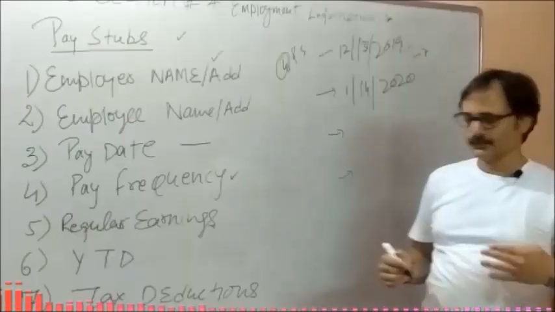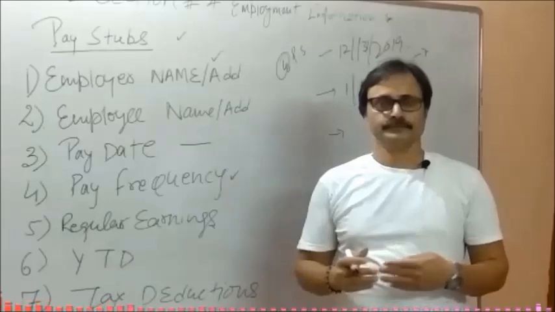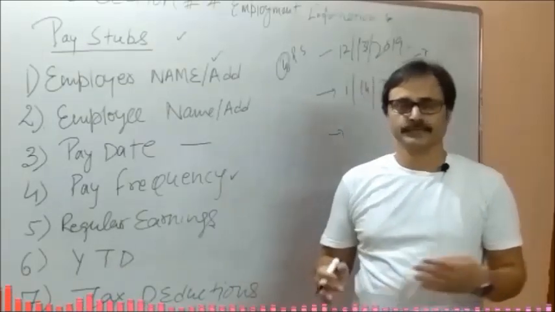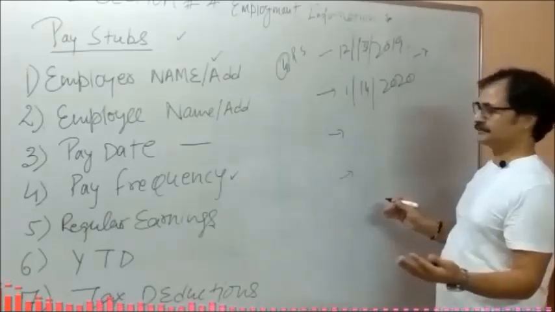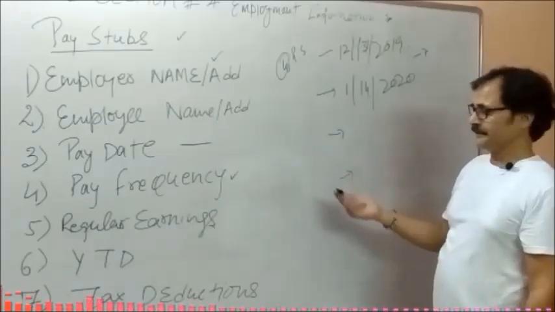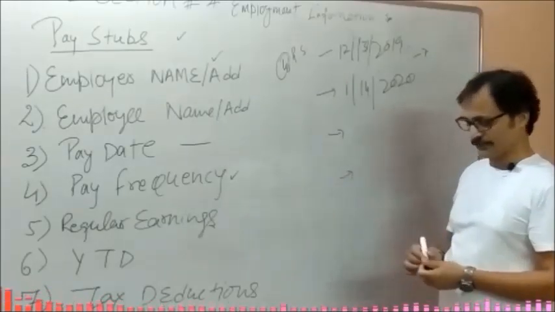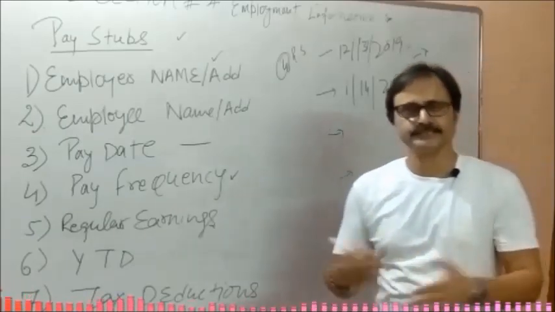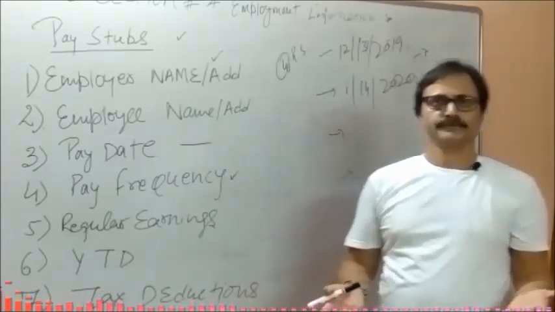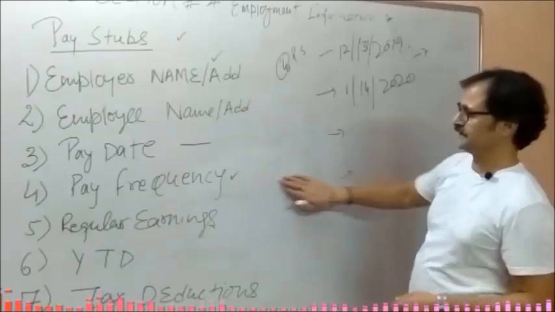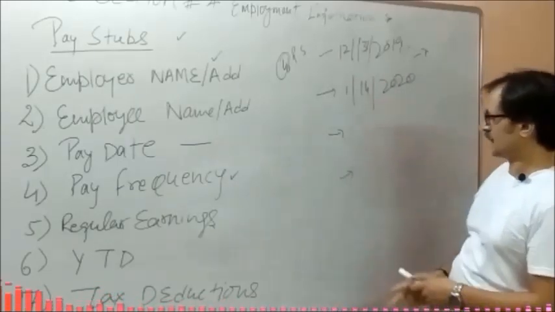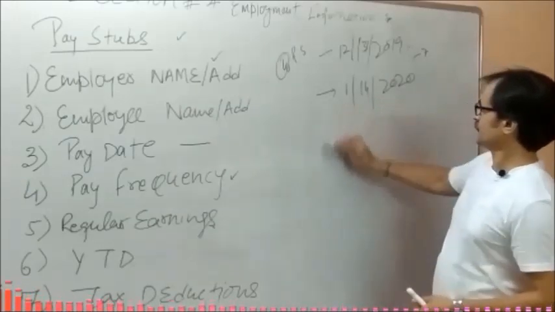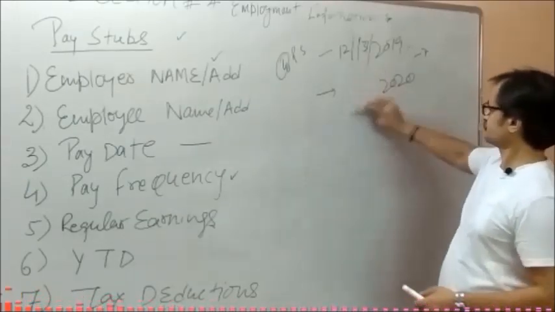Also, there are different components, and when we discuss how to calculate income, I'm going to show you more tips and tricks to determine the pay frequency. But if the pay frequency is not written and the pay date is given, this is how we can identify it from the different pay stubs.